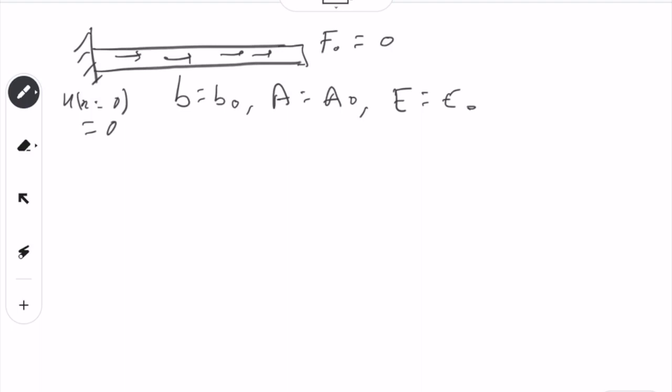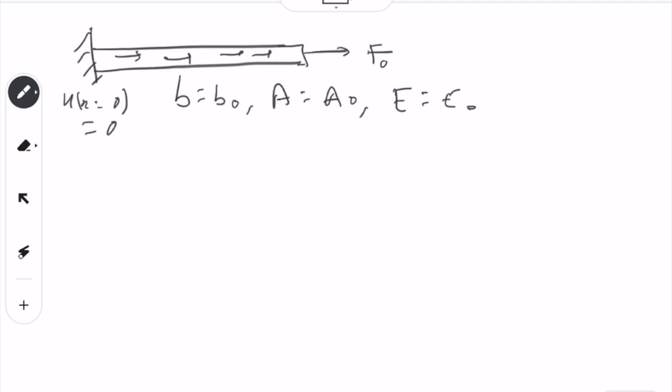Let's solve it with some value F naught, then put F naught equal to 0 in the answer and we'll get the same solution as earlier. This also gives you another example where you have a force acting at the end.